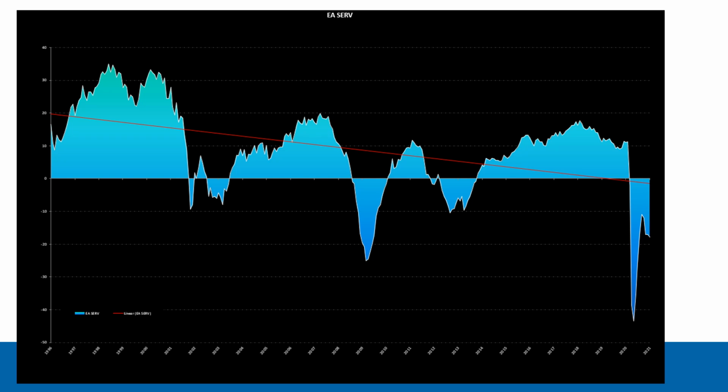So yes, in the bigger picture, services in Europe have been replacing manufacturing as a core part of the economy. And there's been overall bullish sentiment in services over the last 35 years or so.